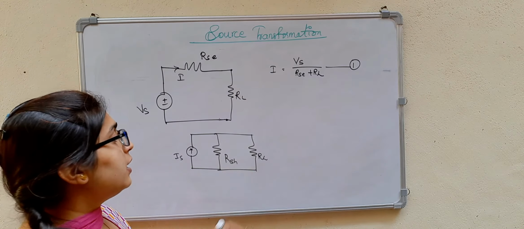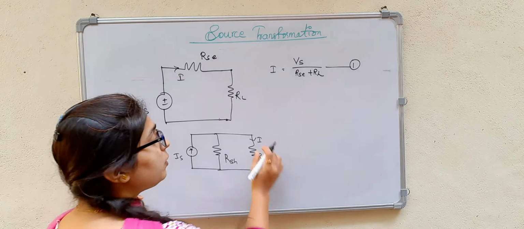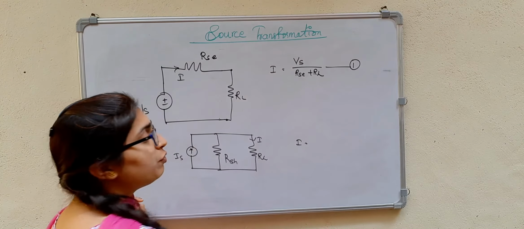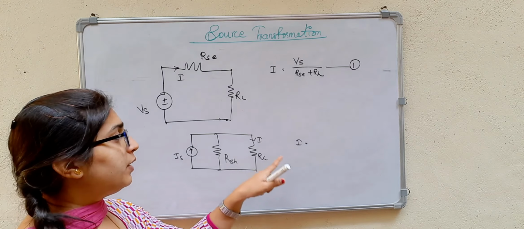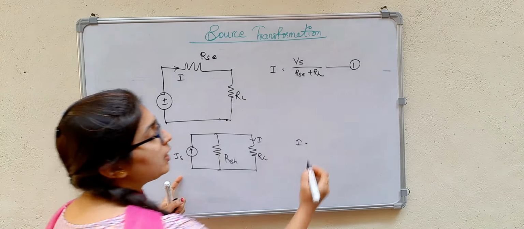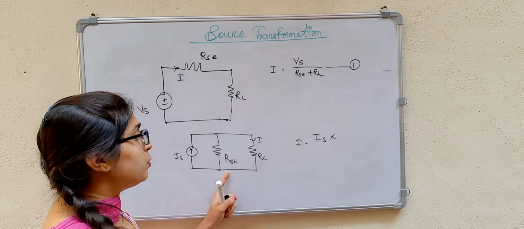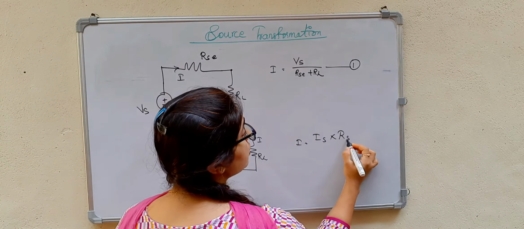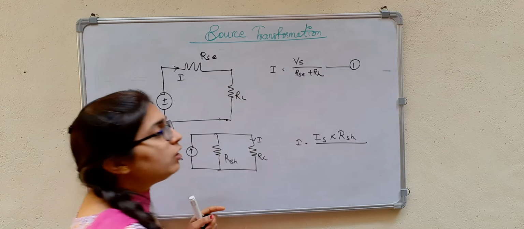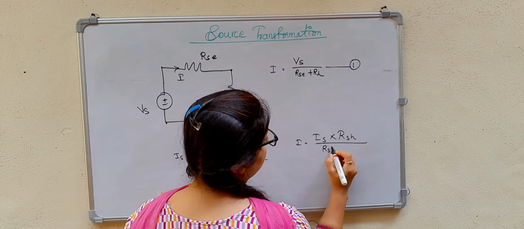Let us consider the current flowing through RL as I. What will be the equation for I? From the current divider rule, we can write I is equal to the total current or the supply current, that is Is, into the resistance present in the opposite branch, that is RSH, divided by the total value of the resistance, that is RSH plus RL.